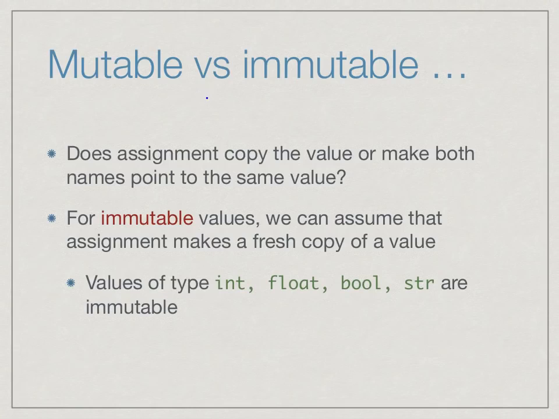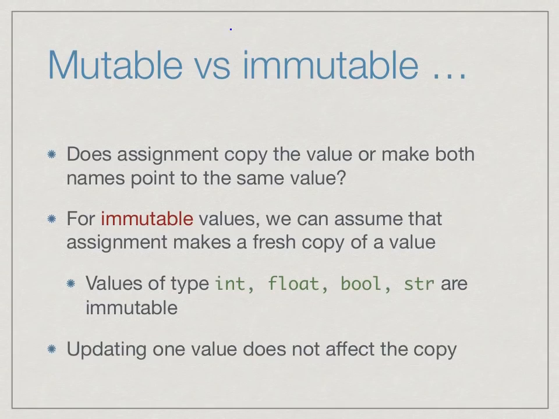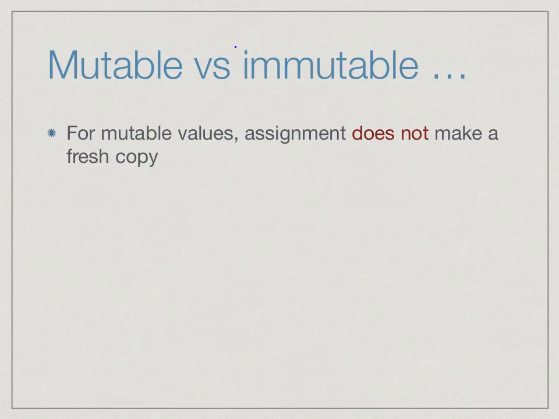So this applies to all the types we have seen before today's lecture, namely int, float, bool, and string. These are all immutable. So if we do the kind of assignment we did before, where we assign something to x, then make y the same value as x, and then update x, y will not change.